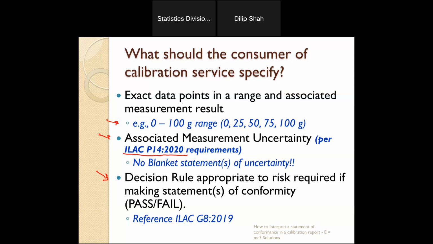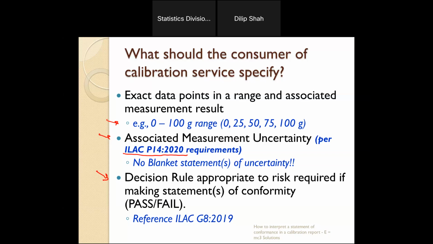So you want a measurement result and the associated uncertainty. If you want your calibration provider to make the statements of conformity, then you should tell them what decision rule you want them to employ.